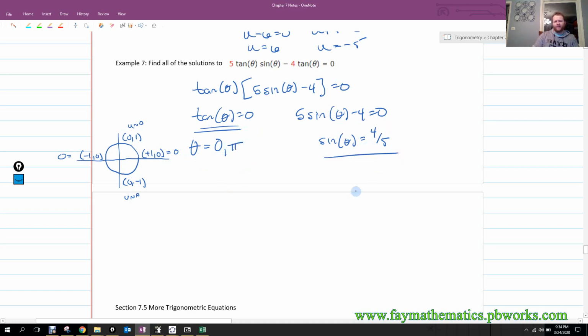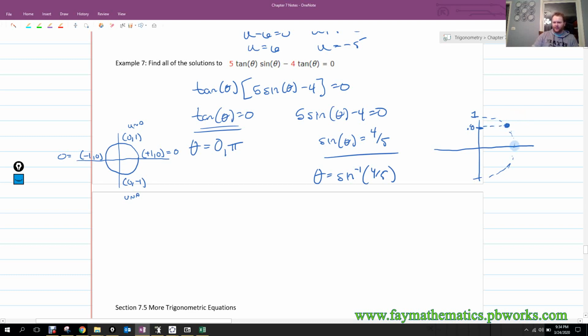Over here, again, 4/5, not something that we're accustomed to. We've already done one, I think it was -4/5. But to find theta here, we actually have to take the sine inverse of 4/5. And remember, the sine inverse is only going to give you something out of those two. But 4/5 would be about there. If that's 1, that'd be about 0.8.